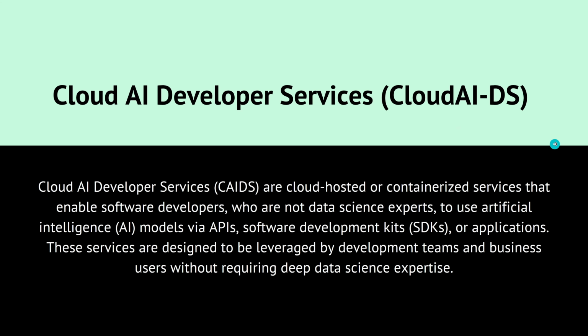So whatever. Who are those creatures? Cloud hosted, they enable software developers who are not data experts to use AI models via specific APIs, software development kits, or applications. They are designed to be leveraged by development teams and business users without requiring deep data science expertise.